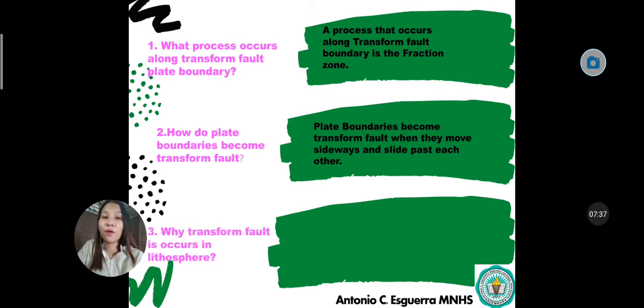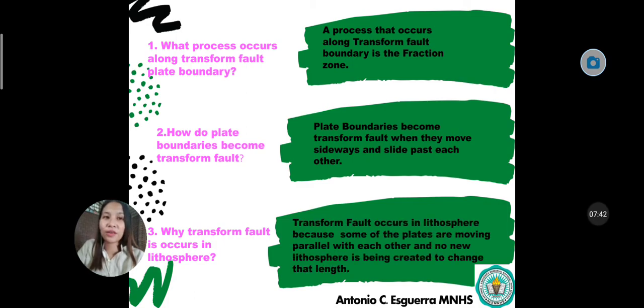Why does a transform fault occur in the lithosphere? Transform faults occur in the lithosphere because some of the plates are moving parallel to each other and no new lithosphere is being created to change that length. I hope everybody got it correct. Who got a perfect score?